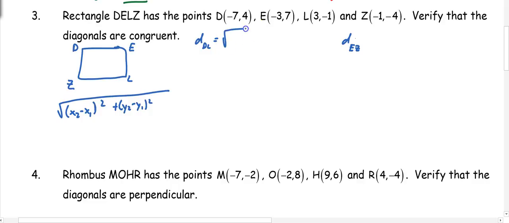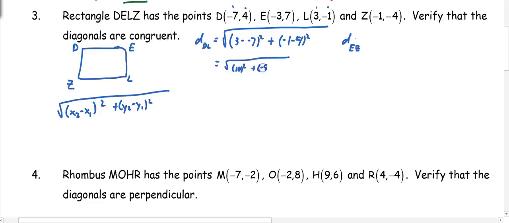So the first one I'm going to do for my distance formula, I have x2 minus x1 squared plus y2 minus y1 squared. So when I start to simplify, I get 10 squared plus -5 squared. So I have 100 plus 25, which is the square root of 125. So I'm just going to leave it as a square root of 125 and see if I get the same square root for EZ.